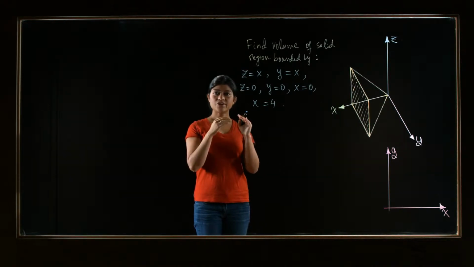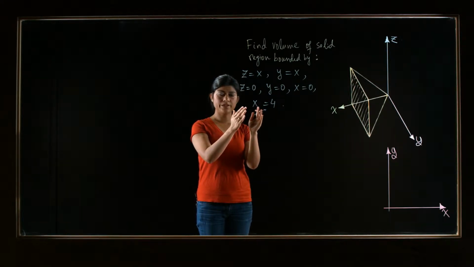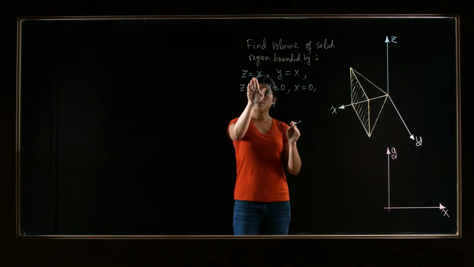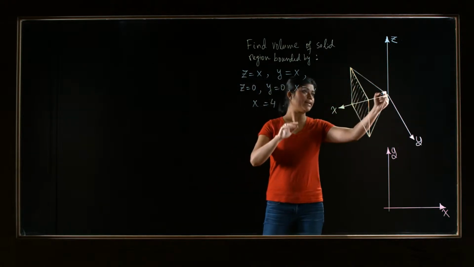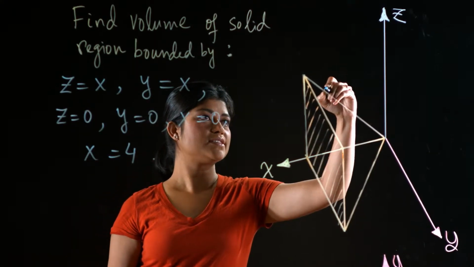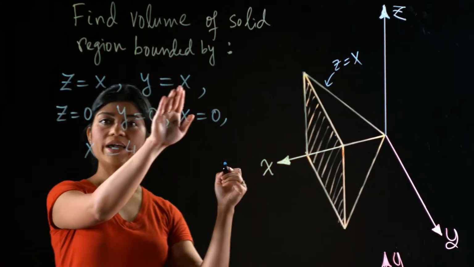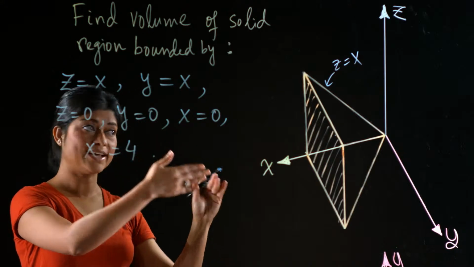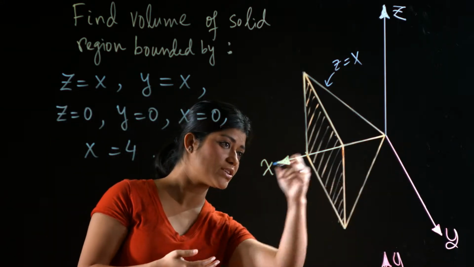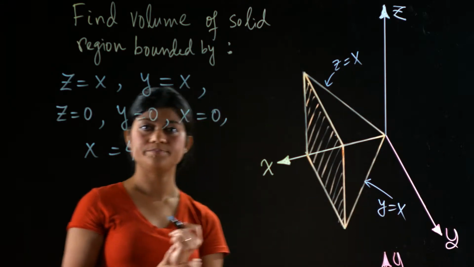Okay. Now, let's try to understand this three-dimensional figure a little bit. So, z equals x, you know what line that is, that's in the xz plane, and right here this is z equals x. And then we have y equals x, which is also a line in the xy plane. So, if you consider the xy plane, this line is y equals x.